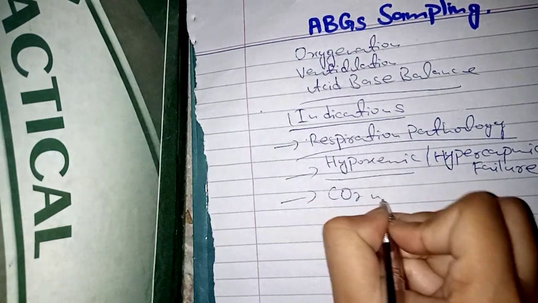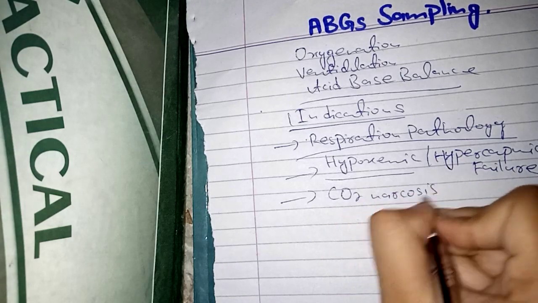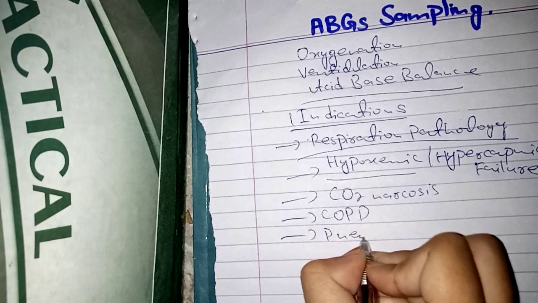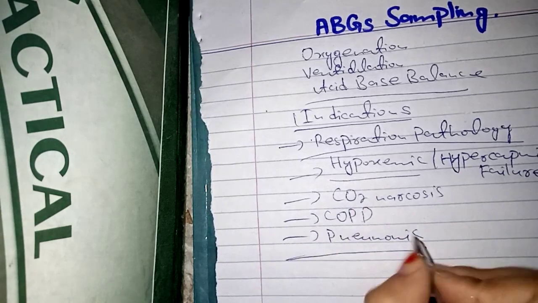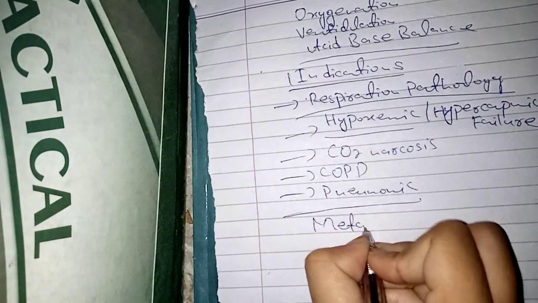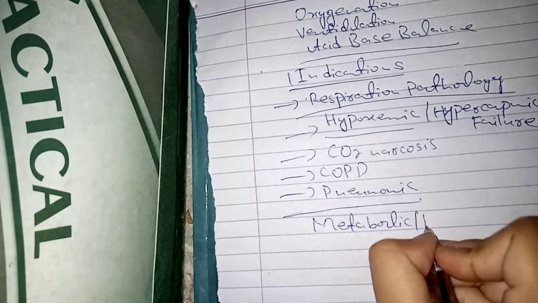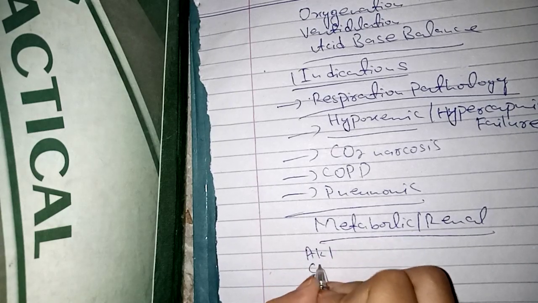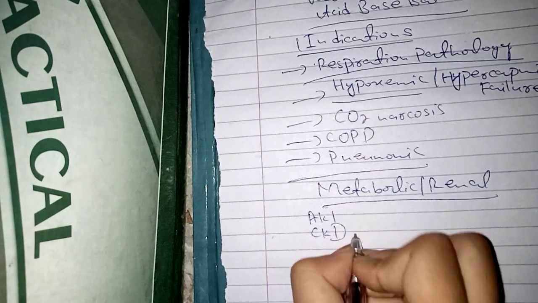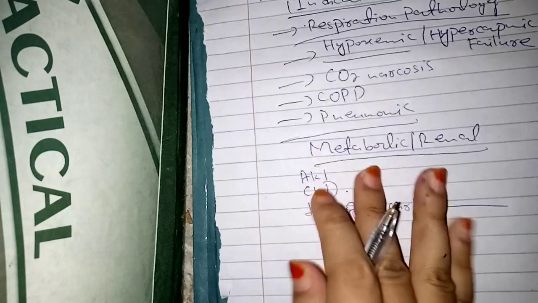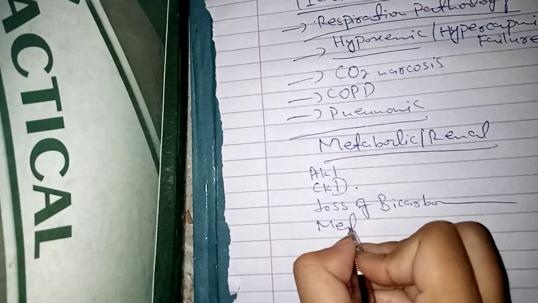Carbon dioxide narcosis, COPD, pneumonia, or it may be metabolic causes related to renal issues: acute kidney injury, chronic kidney disease, or loss of bicarb, metabolic acidosis.